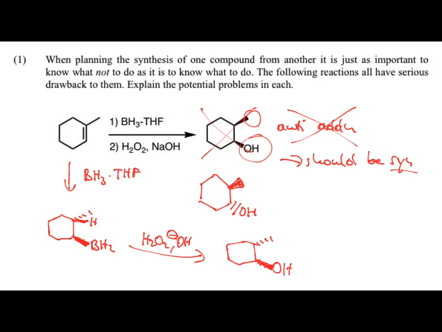Yeah. But the addition, you see, because we didn't actually add the methyl group, right? This methyl group was already there in the starting material. So what we actually added is the hydrogen, which is in the back, right?